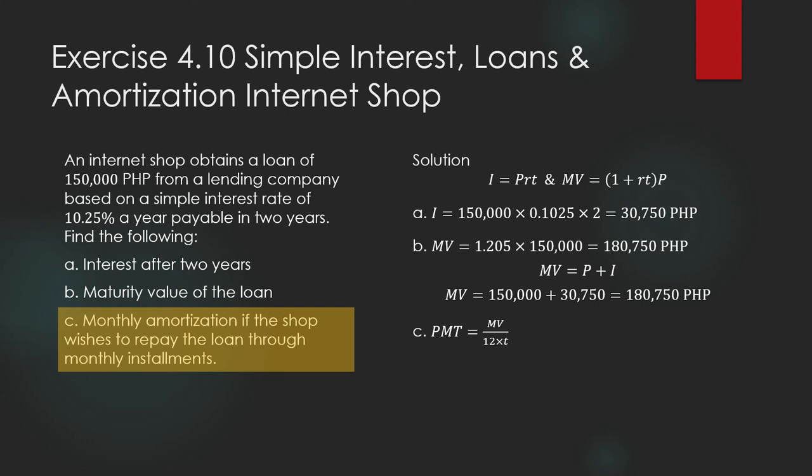And in 2 years, you have 24 months. And so the monthly amortization is going to be 180,750 pesos, the maturity value of the loan, divided by 24 months. And this is going to be the monthly amortization, 7,531.25.